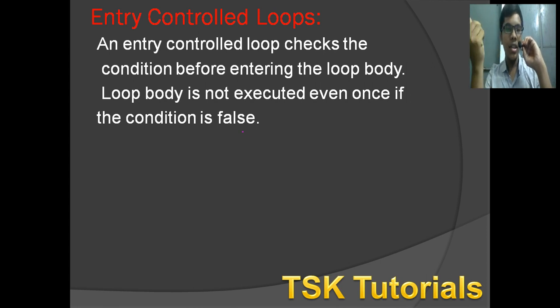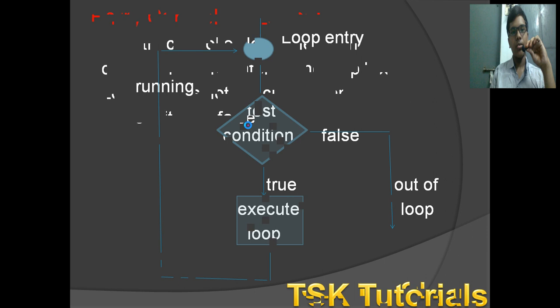It will check the condition at the starting, see that it is not correct, and immediately terminate from the loop. The loop will not be executed even one time. That's what I have given here: if the condition is false, the loop will not be executed even once.